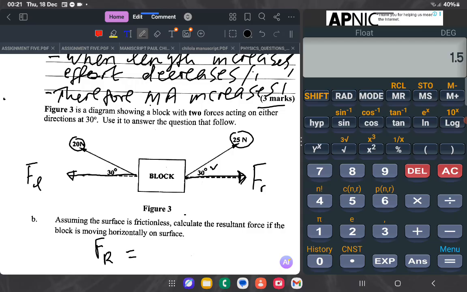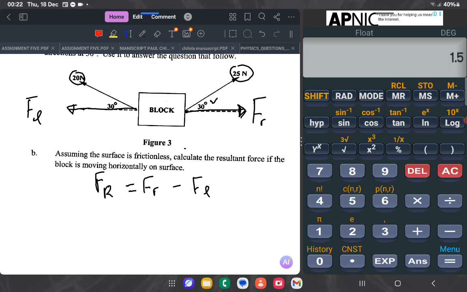It's going to be equal to the 25 newton force multiplied by the cosine of 30 degrees. Remember, to find the horizontal component, you take cosine multiplied by the given force. In terms of the given symbols, it is going to be equal to horizontal force to the right minus horizontal force to the left. Okay, this is better.